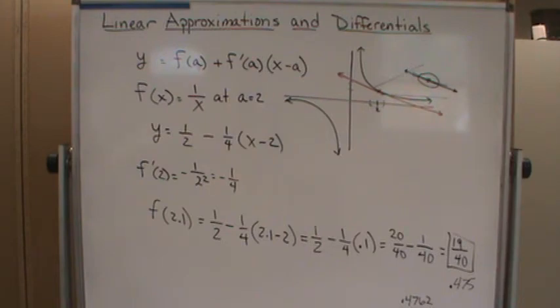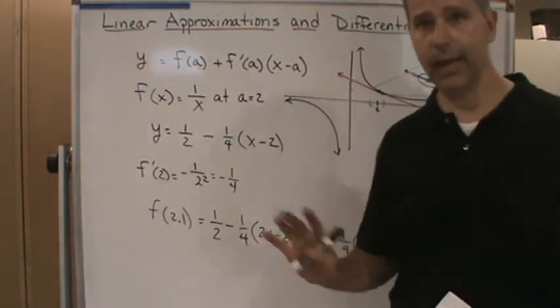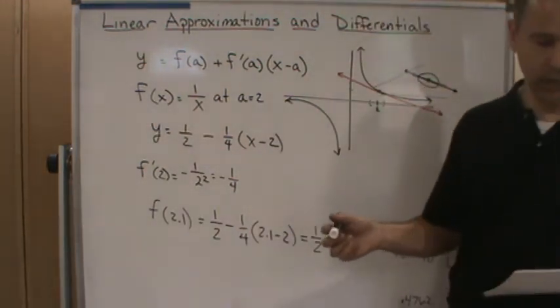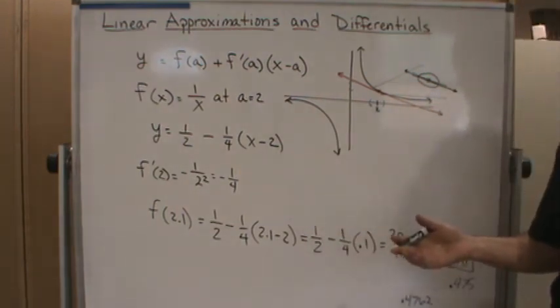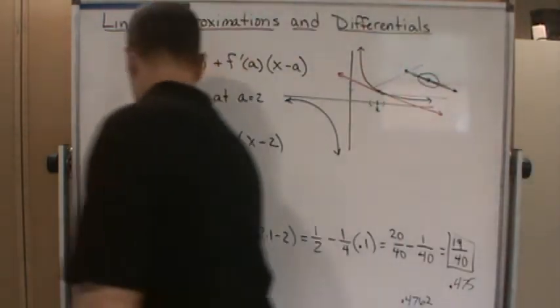Now here's the main thing. In general, before I end this video, the equation of the tangent line to the function at a can be used to approximate f of x when x is near a. It's not equal, but it's an approximation.